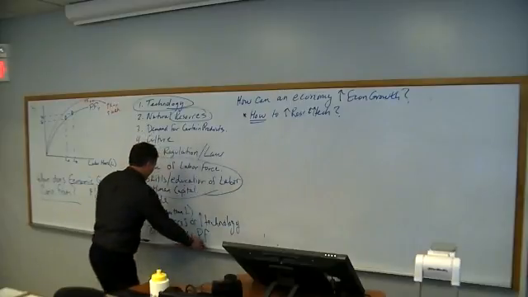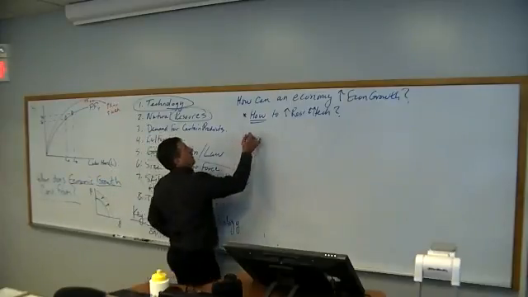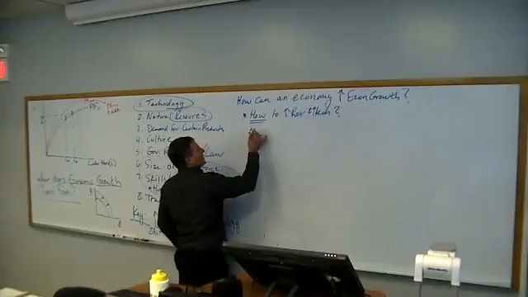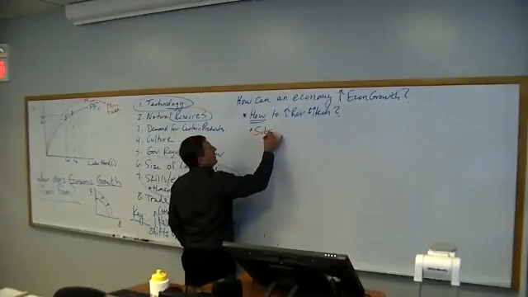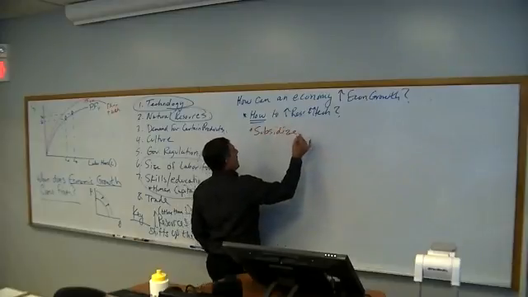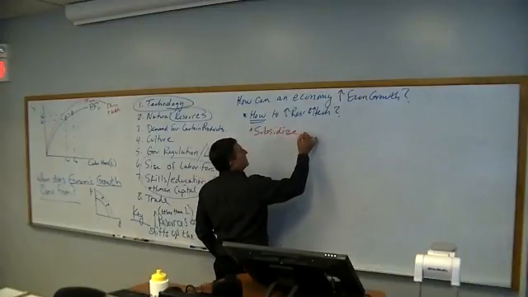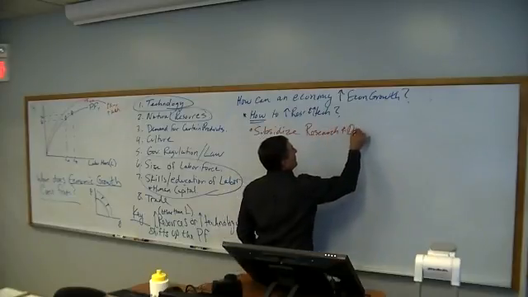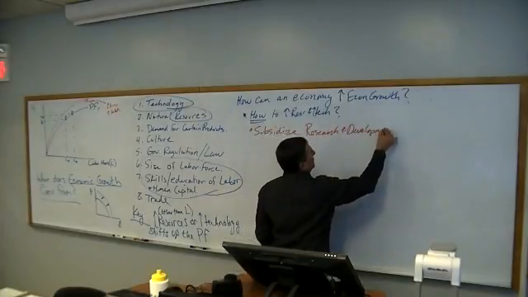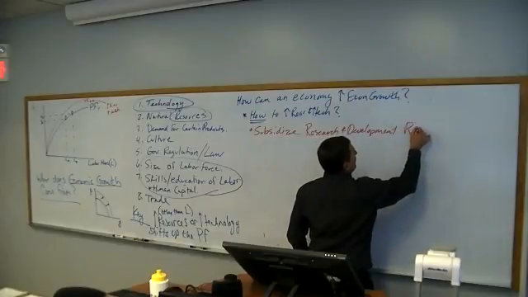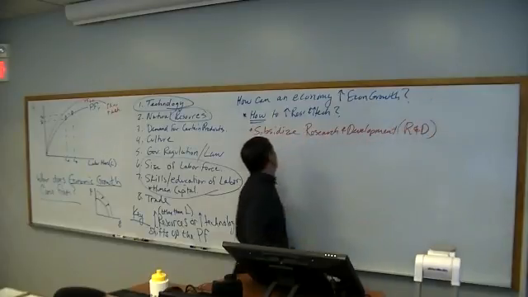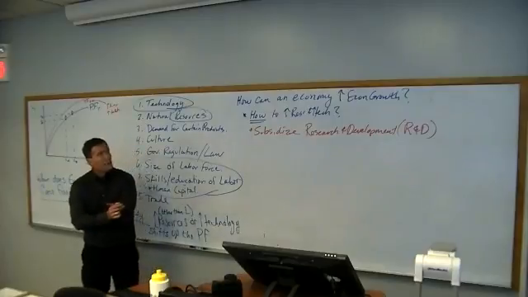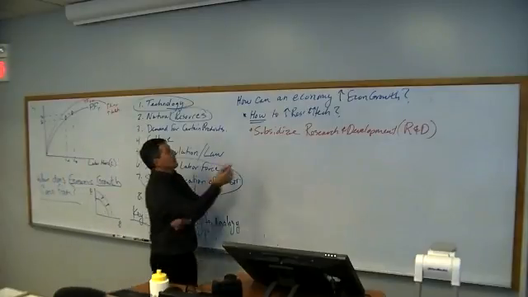Might be one thing to do. So again, kind of brainstorming here. Do we subsidize? Certainly a path that we've taken in the past. Subsidize research and development. R&D, research and development. Okay? So this is government subsidizing, right?